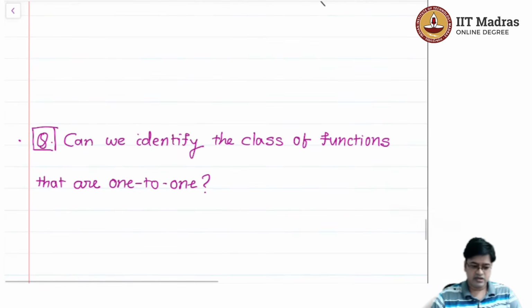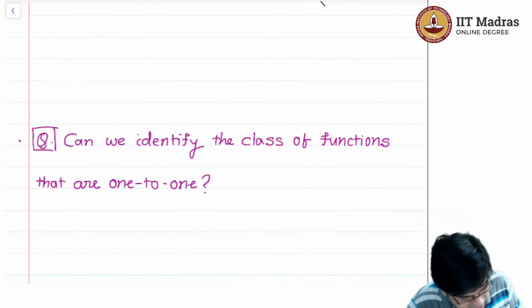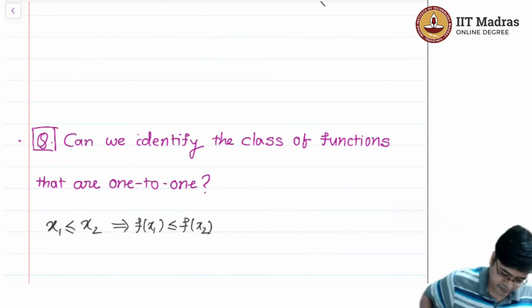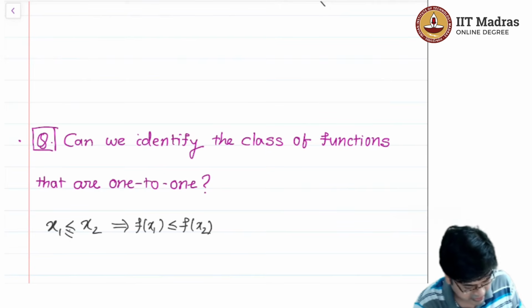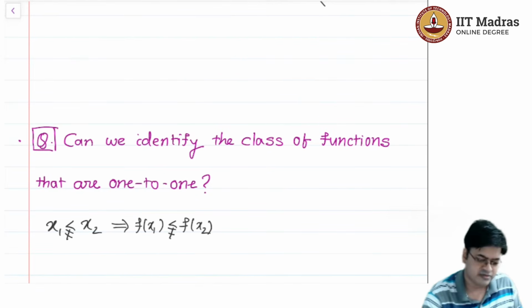For example, we have also seen some functions like, if x1 is less than or equal to x2, then f of x1 is less than or equal to f of x2. Or let us not put this equality, let us put it this way, strictly increasing function.